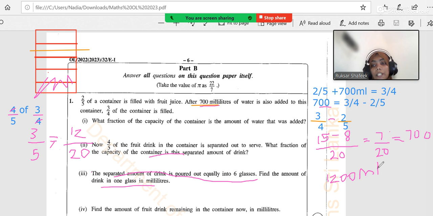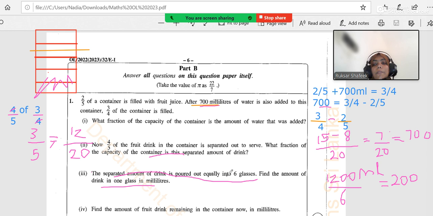Remember, this is not your final answer, because they are telling us that this is divided into 6 equal glasses and we need to find the amount of drink in 1 glass. So this 1200 would be divided by 6. So that will give you the answer of 200 milliliters. So you would have 200 milliliters of drink in 1 glass there.